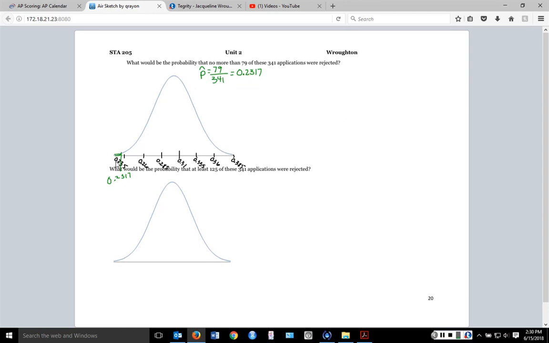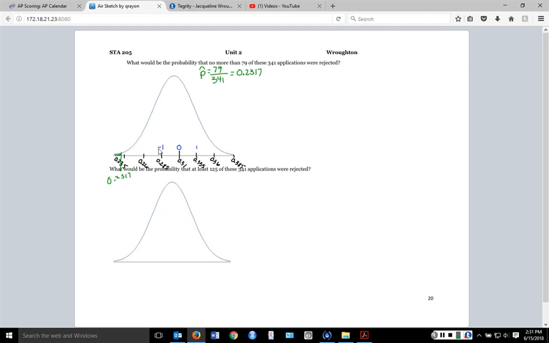Next, it's kind of nice to have an idea of what your z should be when you do your calculation. So as a reminder here, and I will erase these in a moment, this z right in the mean would be 0. This will be a -1, and this will be a 1, because this one is one standard deviation above the mean, so it's positive.